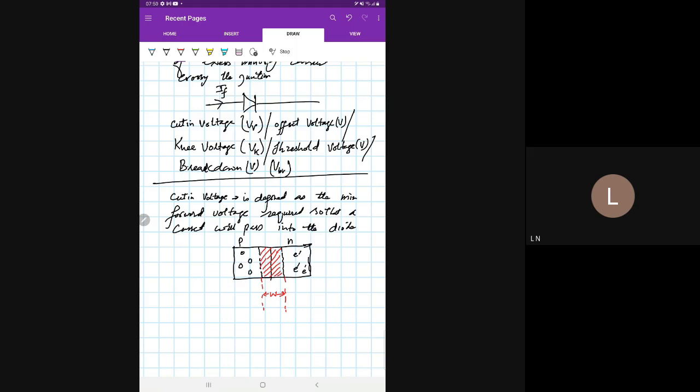So you have to provide some kind of potential first initially to these holes or electrons, so that their energy will be raised and they can easily cross that junction barrier. We have already seen that in forward bias, the depletion region width gets smaller, it gets decreased.